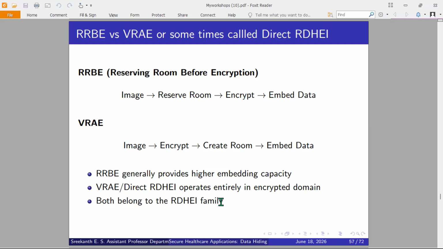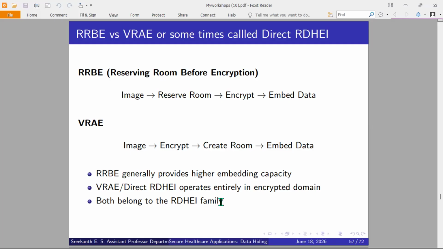The sender labels where there is vacant space, and the data is sent to the cloud. In this vacant space, the cloud can embed its own data.